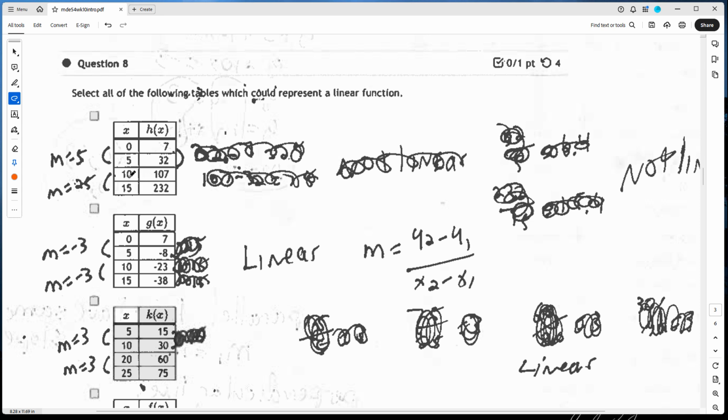So you just take any one of these ordered pairs and divide it out. You see that you get different slopes for the first one here. The next one here, you can take any two pairs and you'll see that you get the same slope.